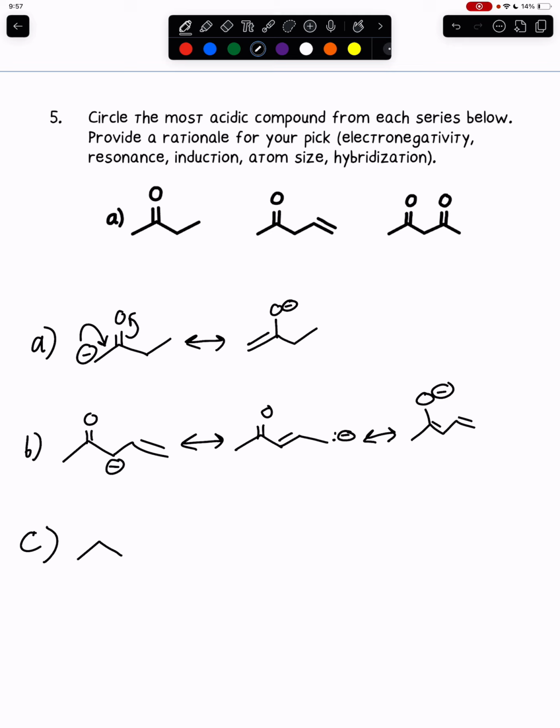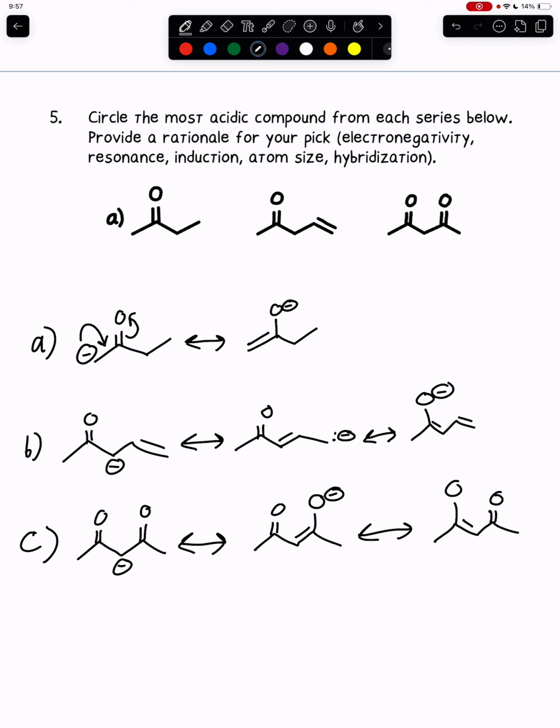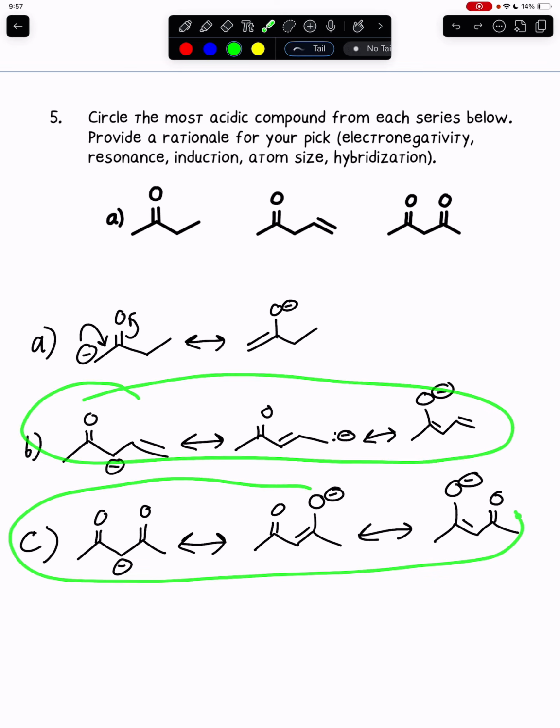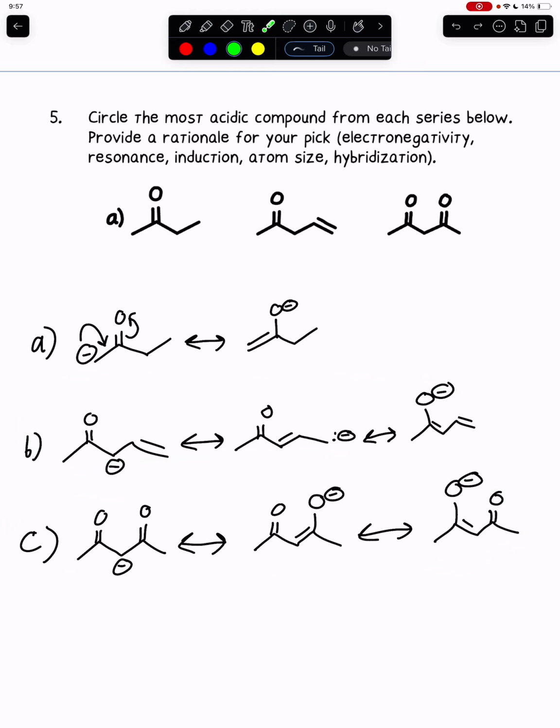All right, so let me draw the negative charge here. And of course, it can move around. It can go here and push that negative charge up there, or it could have gone the other way and gone here and pushed that negative charge up there. All right, well, now we can see these species, B and C, have the same amount of resonance.